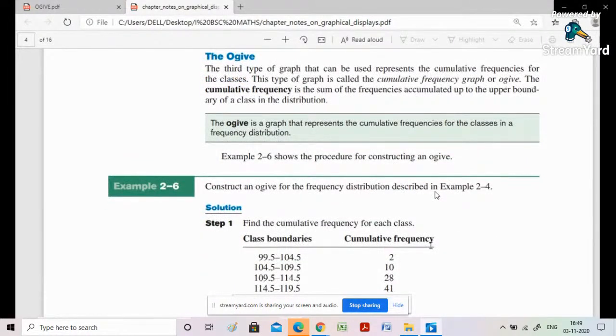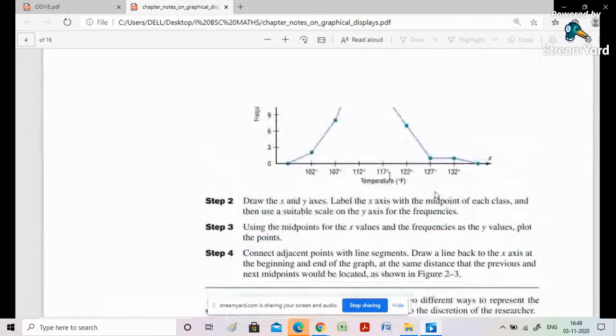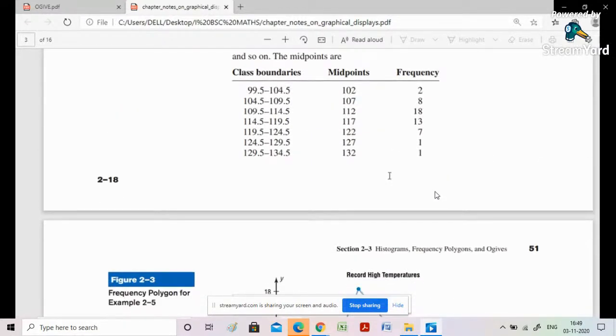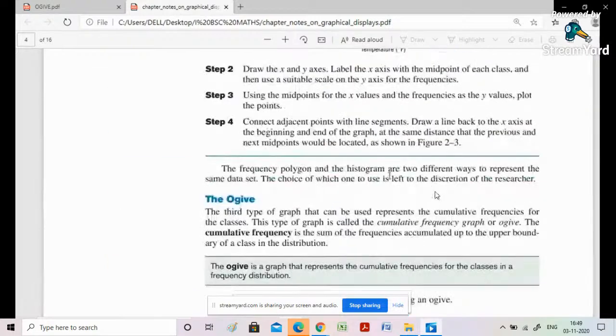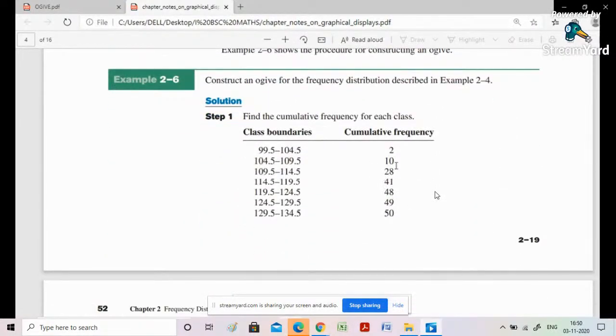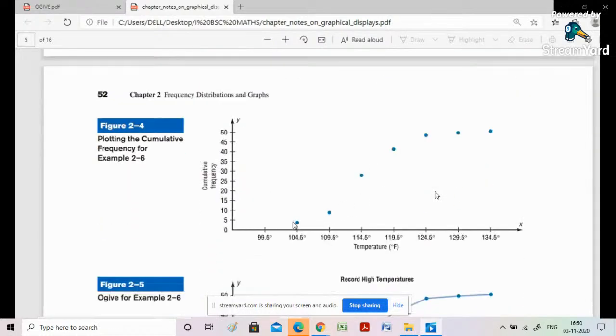Here they have also given the class boundary and cumulative frequency. Cumulative frequency means 2 plus 8, that is 10. Then 2 plus 8 plus 10, that is 28. Similarly, for all other cumulative frequencies, they have given the less than cumulative frequency and plotted the dots at the exact points, the right end points of each interval.